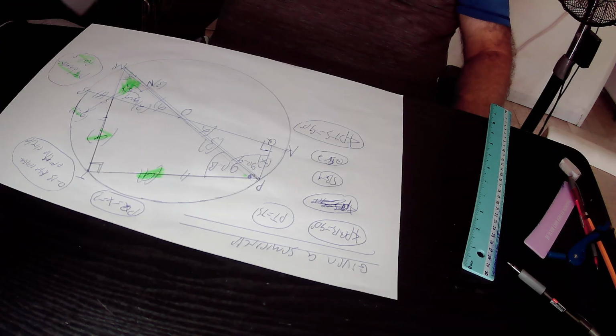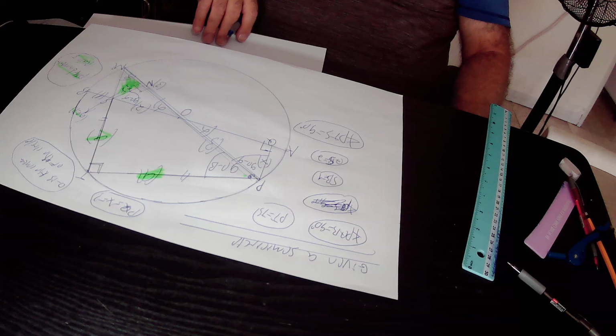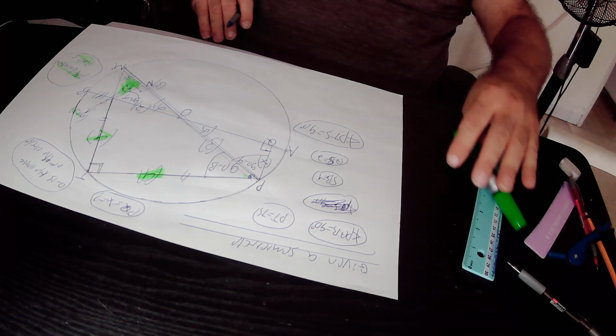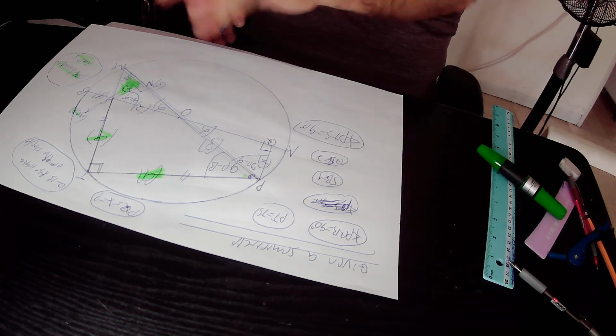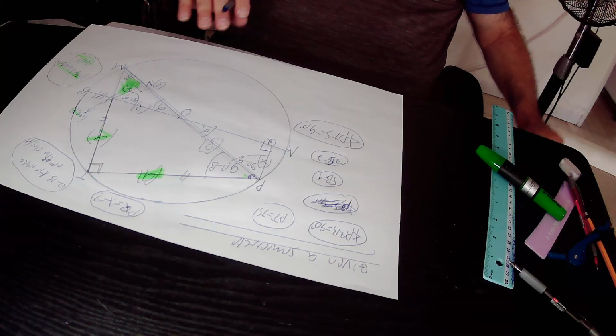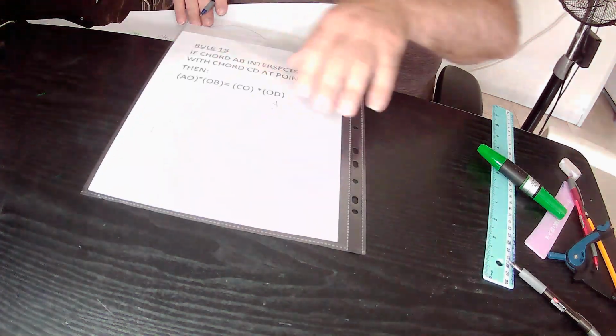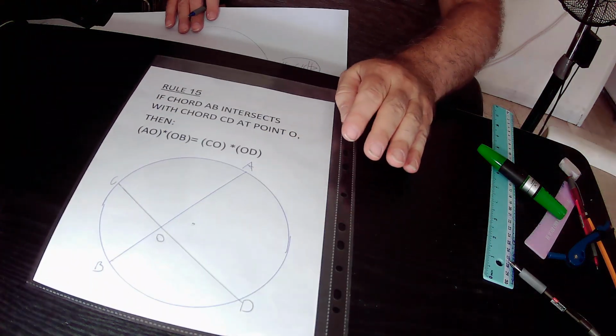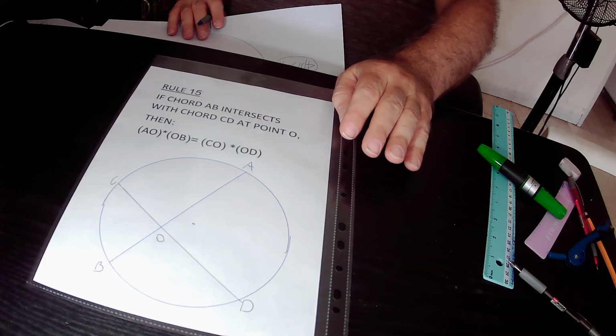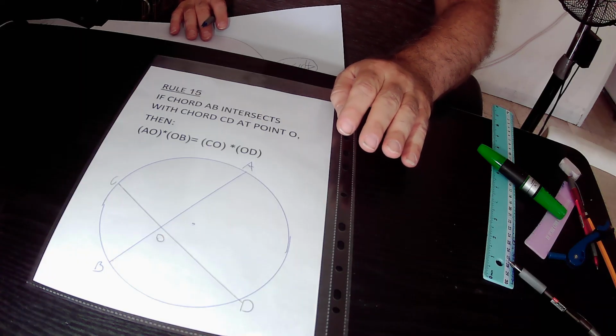Here we can implement rule 15. So I put rule 15 on the screen and we will implement it in our drawing. According to rule 15, if chord AB intersects with chord CD at point O, then AO times OB equals CO times OD.